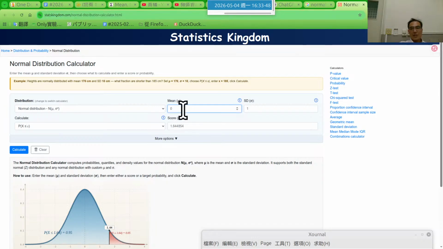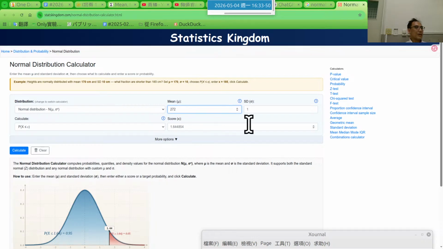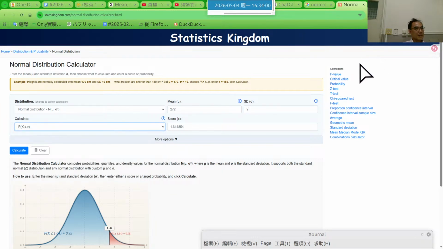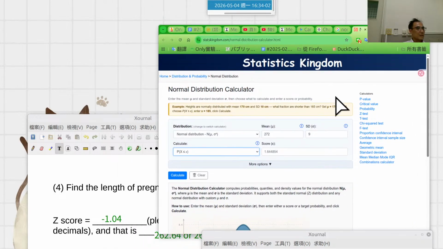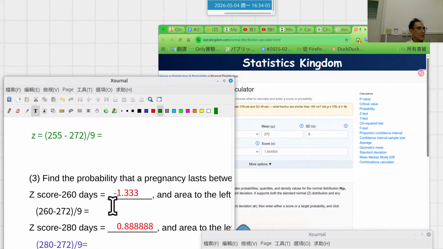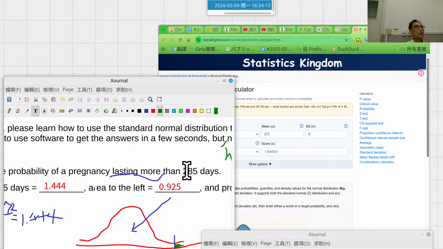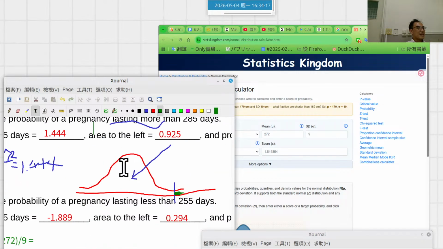The mean is 272. Standard deviation, 9. Find the probability of pregnancy lasting more than 285 days. And what does it mean? This question wants to know the area on the right side, not the left side.